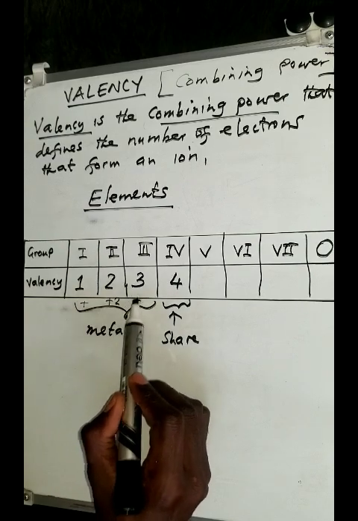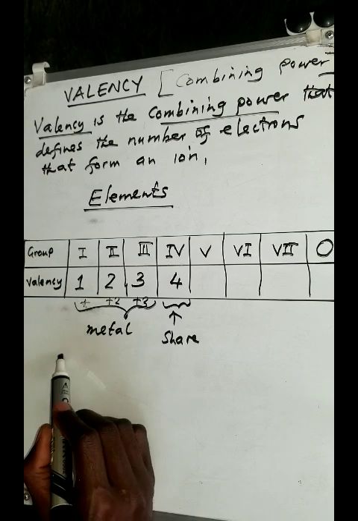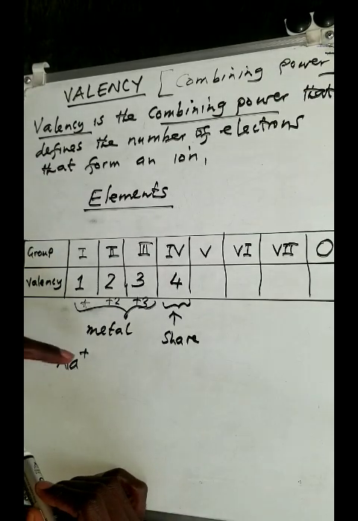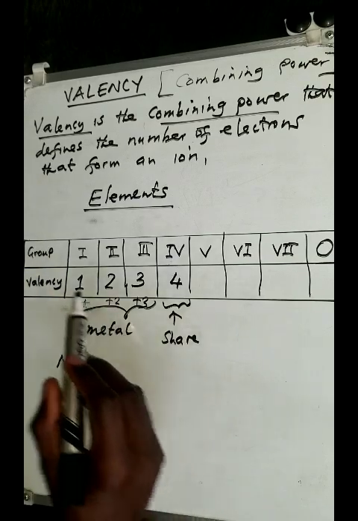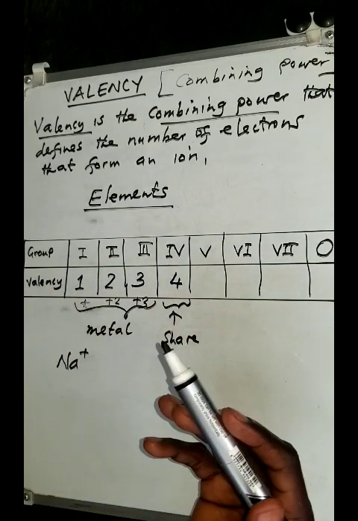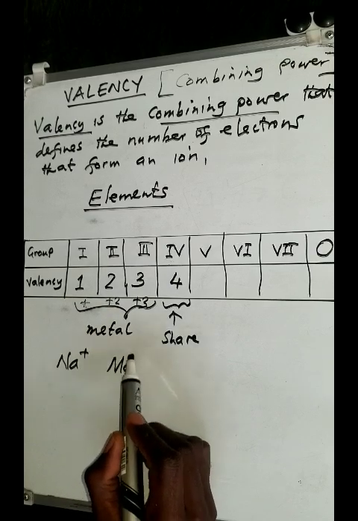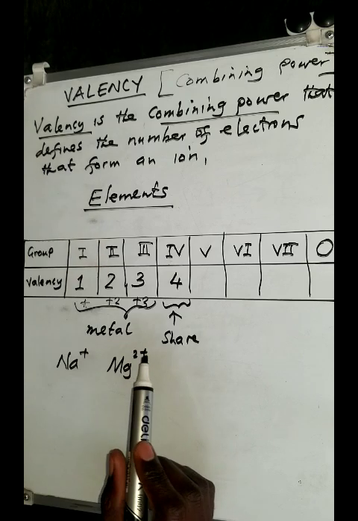No wonder when we write an element in group 1 like sodium, we write it as Na+. It has a valence of 1, but it's positive because metals give out electrons. Magnesium we write as Mg2+. The valence is 2 because it is found in group 2.